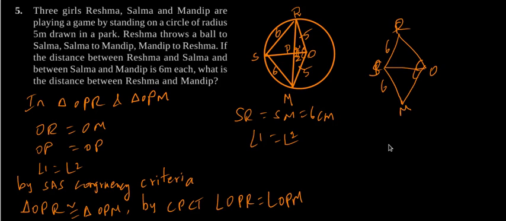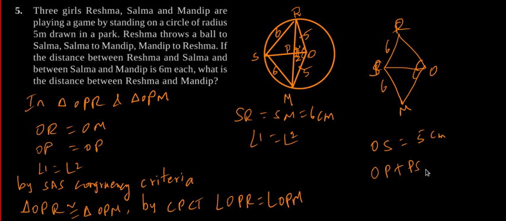So here OS is the radius. OS can be written as 5 centimeter. That means the radius of the circle. So this OS can be split as OP plus PS. OP will be one side of this right angle triangle and PS is one side of this triangle.